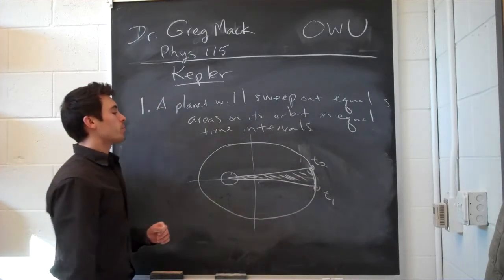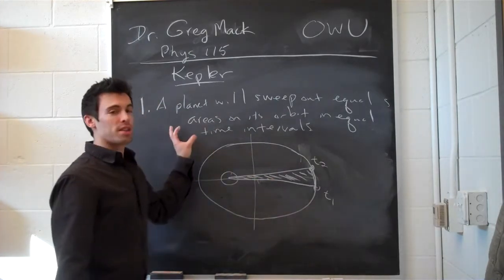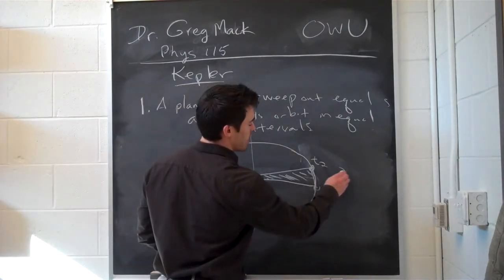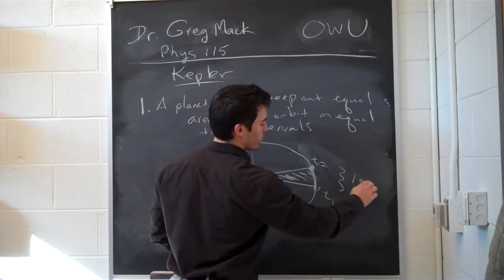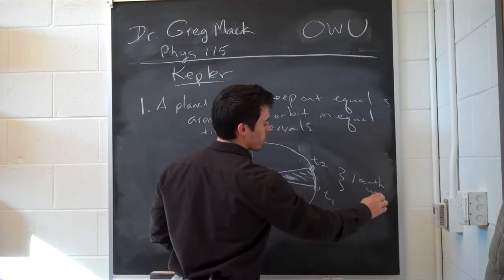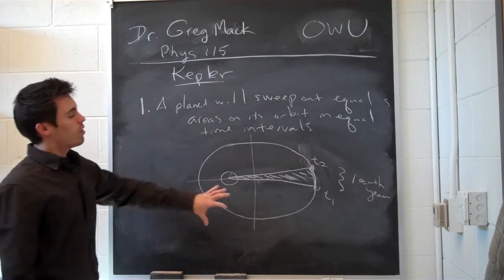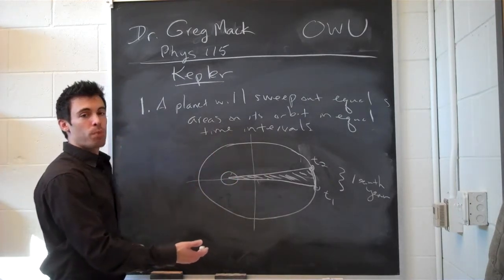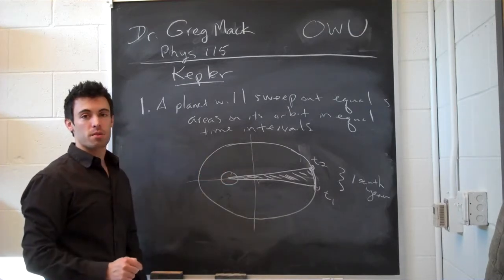Okay. So what this law says, as he realized from the data he was watching, is that if this is, say, 1 Earth year, then at some other point that ends up being a year over here, that corresponds to the same area as this pizza slice.